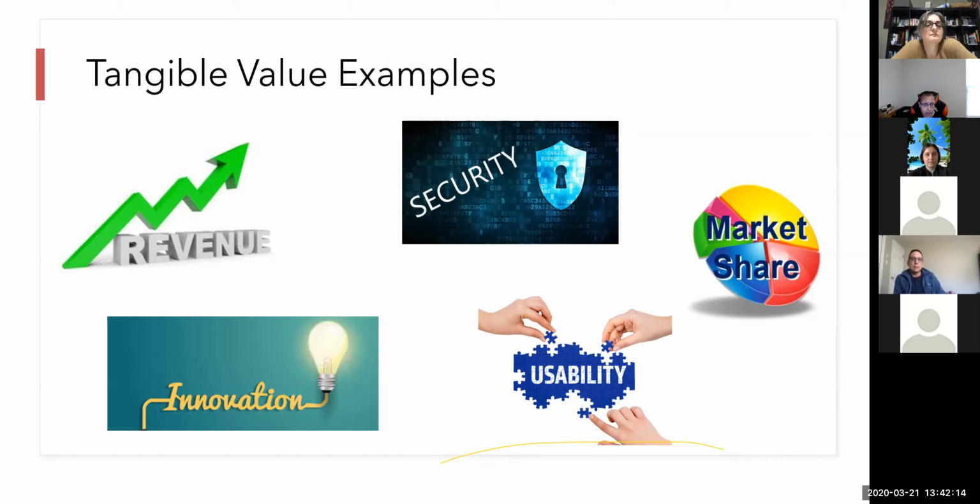So those are some additional examples of tangible value and how they can relate to specific numbers, such as increased user adoption, increased market share, more customers with specific revenue, hitting revenue targets, that sort of thing.